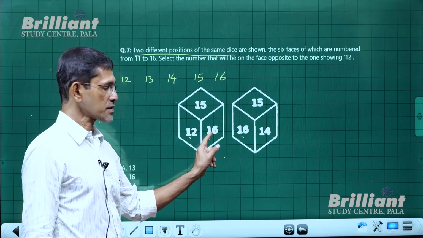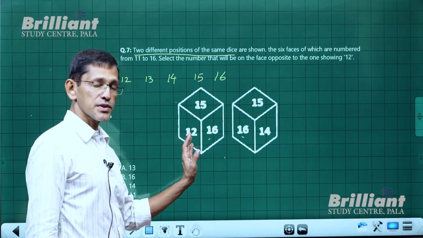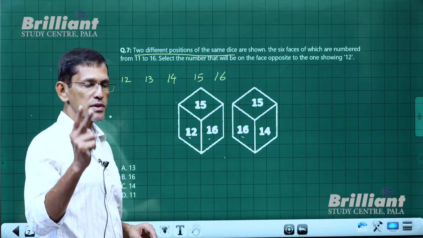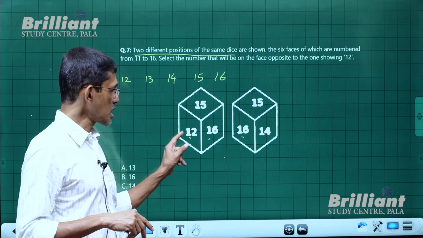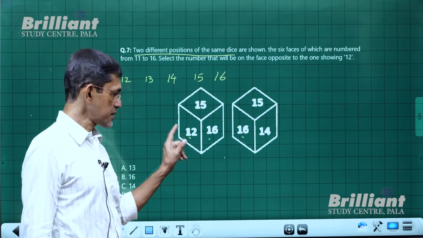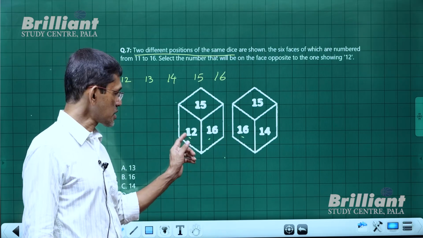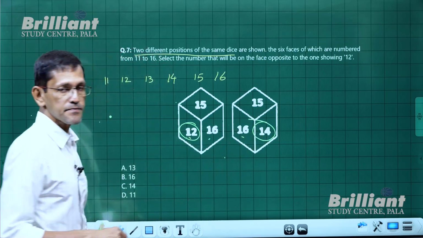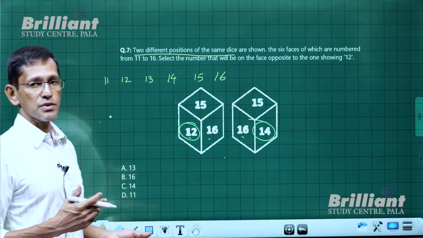So the face on which 16 appears is different from picture number 1 to picture number 2. That's not an issue. If two numbers are common, the rule says the third number on the first image and the third number on the second image, that means 12 and 14, are going to be opposite. So 12 is going to be opposite of 14, and 14 is going to be opposite of 12.